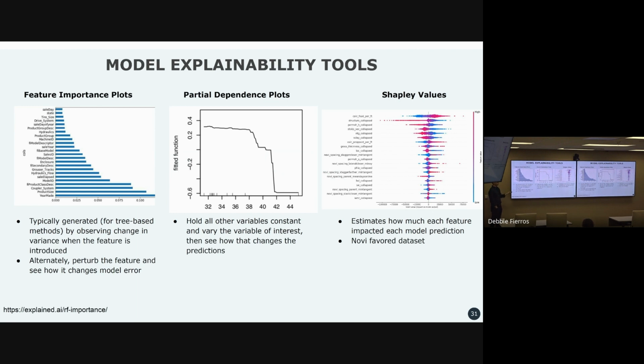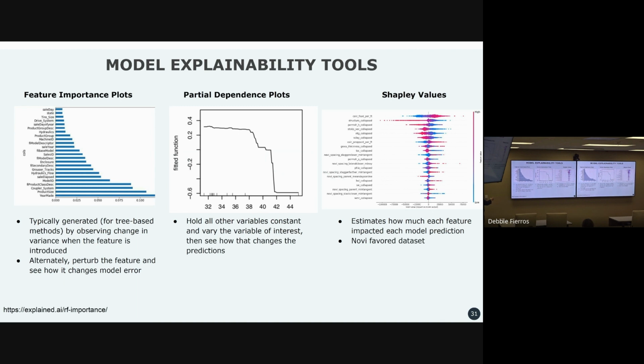So for tree-based models, a lot of times there might be something that will put a variable in, pull it out, see how much that changes the forecasts. Maybe you'll put some errors around the variable, like just noisy it up a little bit and see if that changes your model error. There's some ways.